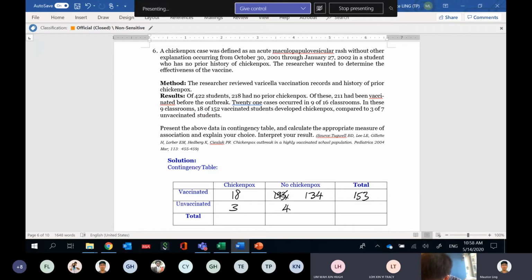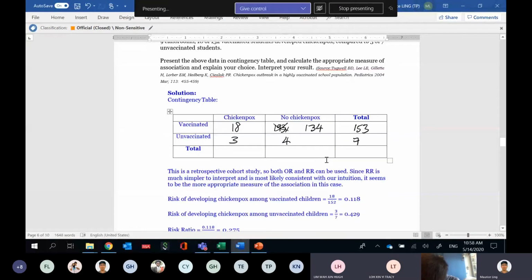It's assuming that those having chickenpox don't get it a second time. Okay, you can be so unlucky you have chickenpox 2 times as well. So this is 7. All right. So then the risk of developing chickenpox among vaccinated is 18, which is 11.8%.